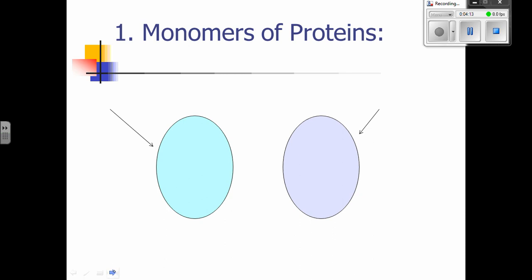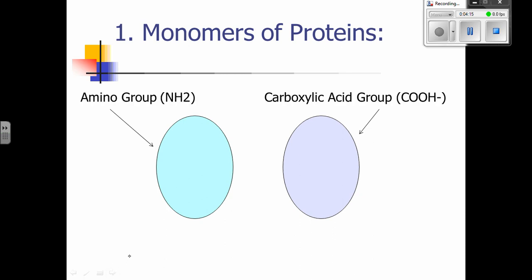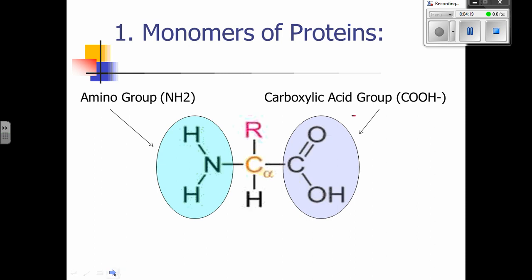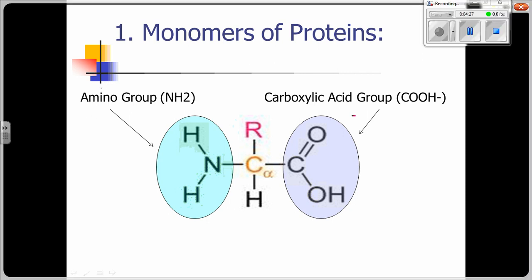If we were to look at the monomers of proteins, they are called amino acids. And they were called amino acids because they have two groups. You have your amino group, which is this NH2 here.